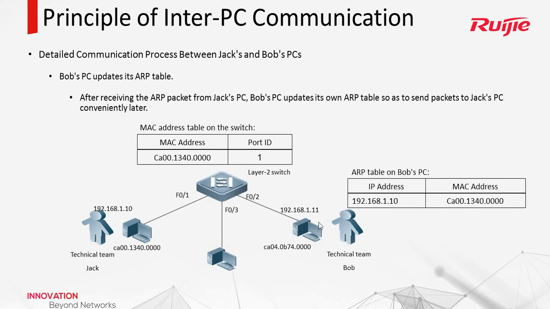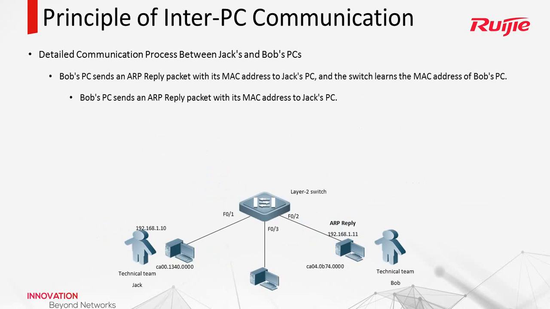Pay attention: here, the PC will record Jack's IP and MAC. This table we call the ARP table. And in the switch, we call the table the MAC address table. It records the MAC address with the port number. Okay, please don't get confused.